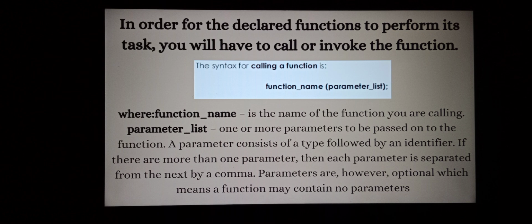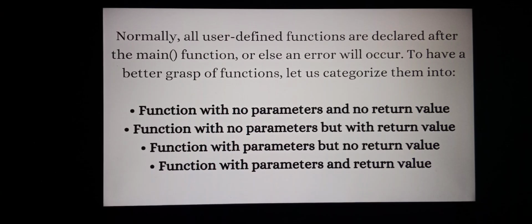If there is more than one parameter, then each parameter is separated from the next by a comma. Parameters are, however, optional, which means a function may contain no parameters. Normally, all user-defined functions are declared after the main function, or else an error will occur.